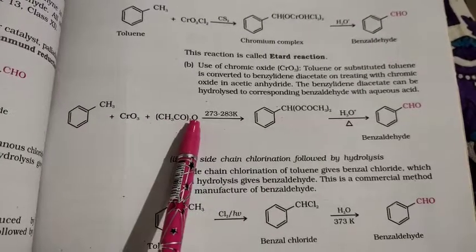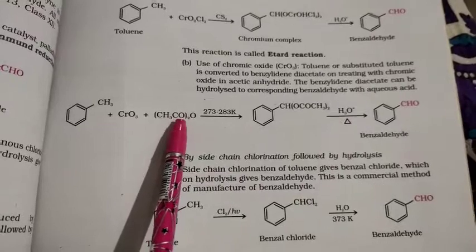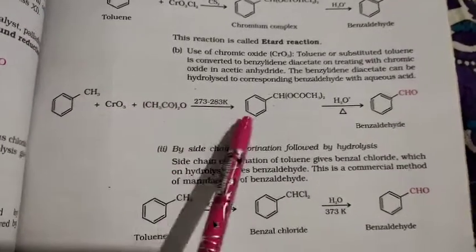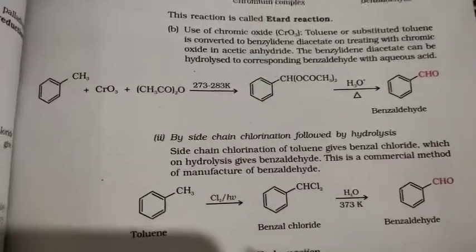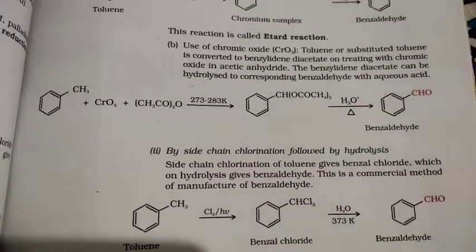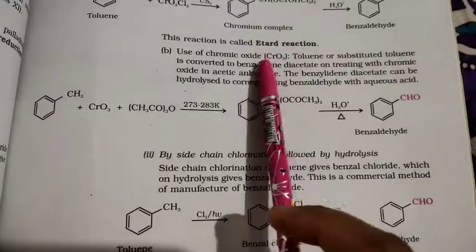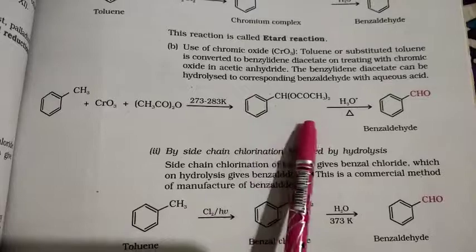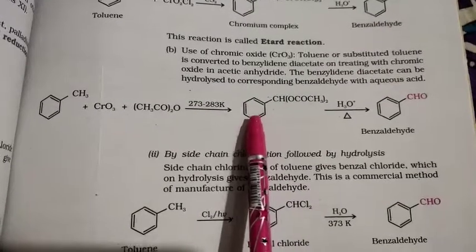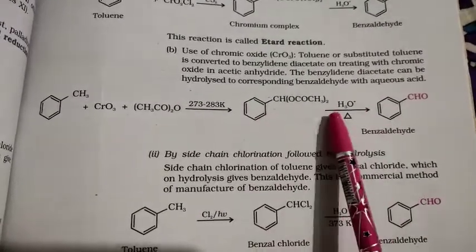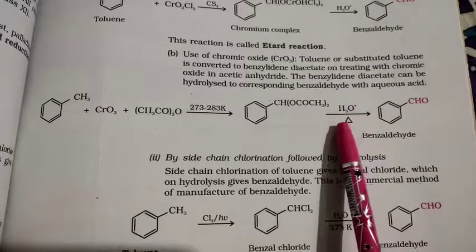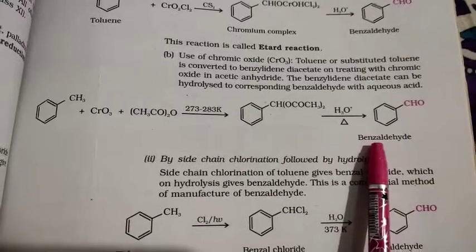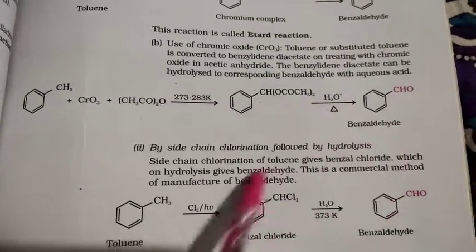This is the formula for acetic anhydride, which is a common compound, so you have to keep the formula in mind. Next, again one complex is formed, which is known as benzylidene diacetate. On hydrolysis of this benzylidene diacetate in the presence of heat, or if we steam it, we will get benzaldehyde.